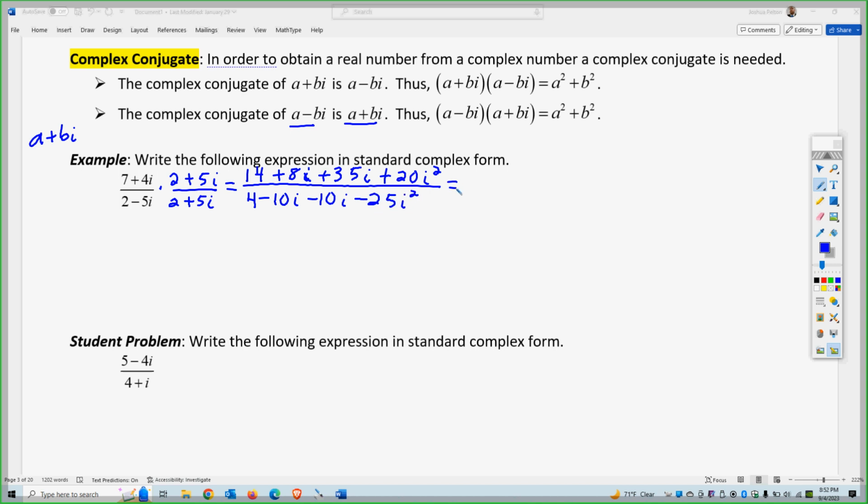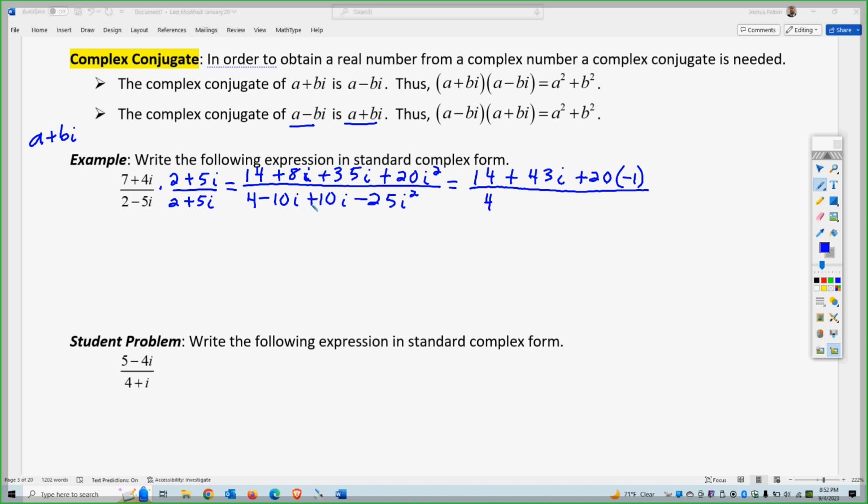So we'll combine like terms on the top and the bottom and do a simplification. So I get 14 plus 43i plus 20. At this point, I think we can skip ahead, and we know that i squared is really negative 1 without doing a double substitution. And then on the bottom, I'm sorry, that's not minus 10i, that's plus 10i, right?